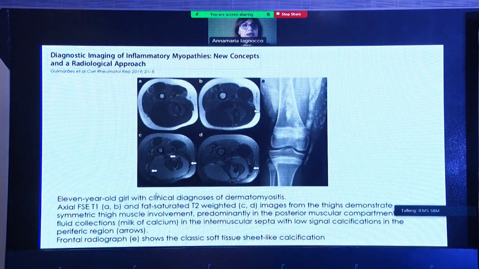And in this case of, again, a young girl with dermatomyositis, it was possible to show the fluid collection related to the milk of calcium deposit in the intermuscular septa with local calcifications on X-ray.